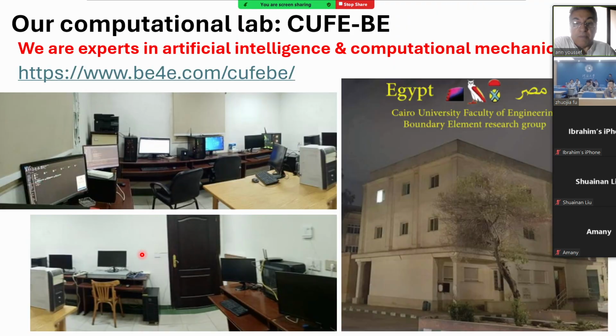Before I end my talk, this is our place at Cairo University. This is our building, and this is our computational facilities. We have several workstations all connected to great storage here, and with a server we run our models on these machines. You can visit our website.